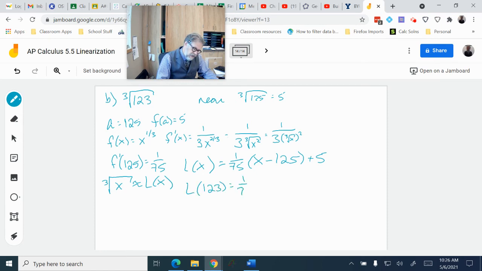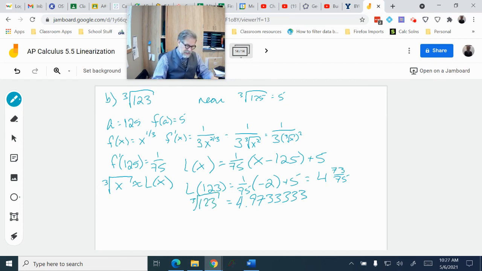We get 1/75th, 123 minus 125 is -2, plus 5, which is 4 73/75. And if we decimalize that, it is approximately 4.97 and then a bunch of 3s. Cube root of 123 is approximately that.